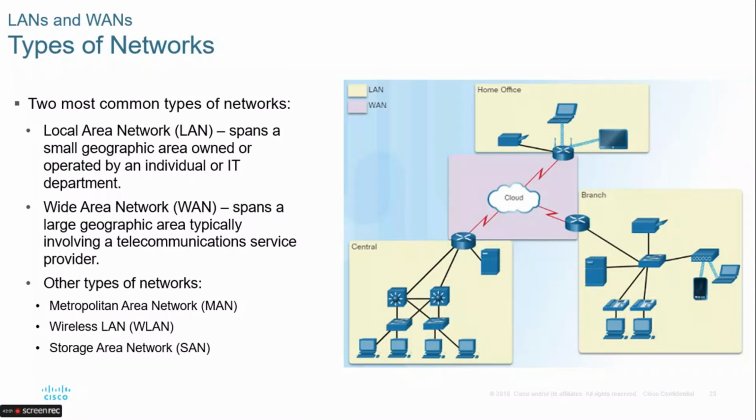In summary, a wide area network is composed of multiple LANs. Other types of networks, we've got metropolitan area network, in a city, and wireless LAN, that is a local wireless network. We've got storage area network, that is meant for storage.